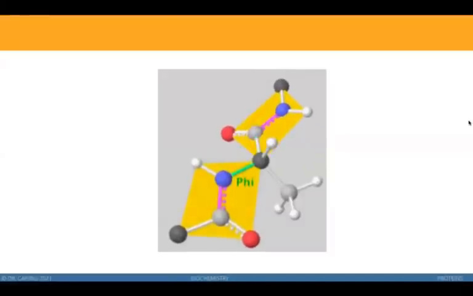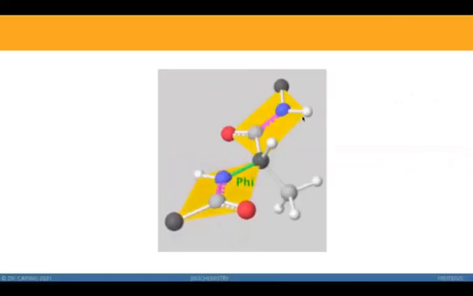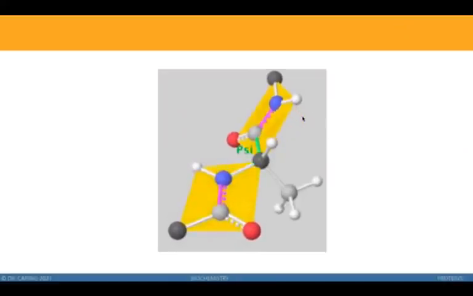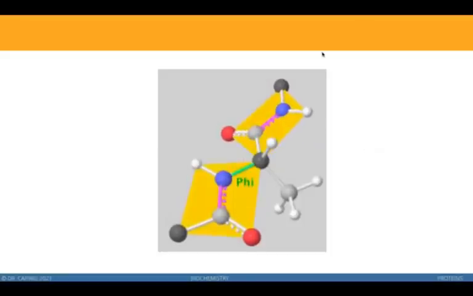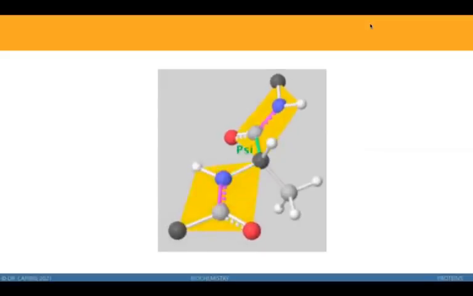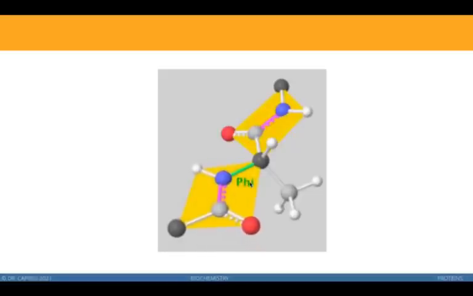Now this illustration and this animation shows you the rotation of the bonds in the peptide sequence or in the primary structure of protein. Now, I just like to emphasize again and again that rotation only occurs between the phi and the psi bonds.